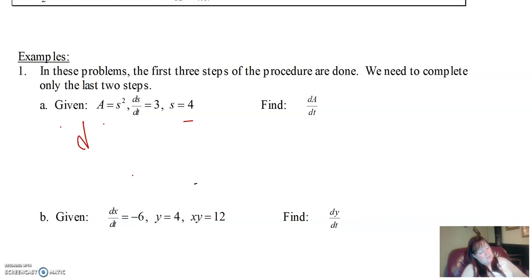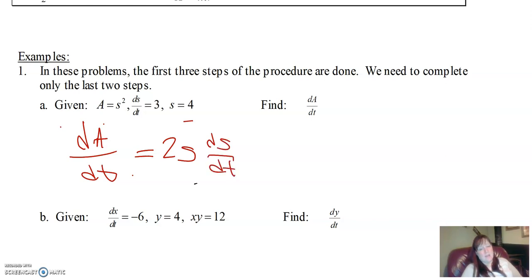So dA dt equals, we differentiate s squared, which gives us 2s, but then remember, s is a function of t, so we have to use the chain rule to tack on that ds dt at the end because we're differentiating with respect to t.